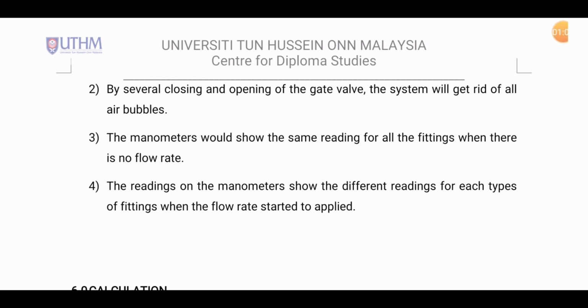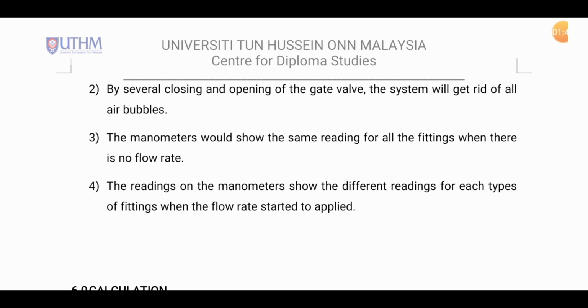The third thing is the readings on the manometer. The manometer would show the same reading for all the fittings when there is no flow rate. And the fourth thing is, in this experiment, five types of fittings have been used, which are enlargement, contraction, short bend, 90 degrees elbow, and 40 degrees elbow.